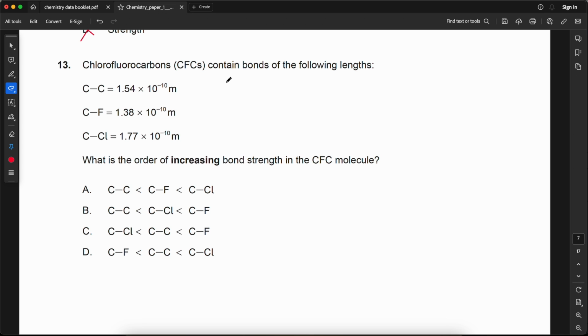So if we make it into order, it would be C-Cl, C-C, and then C-F, shortest, and of course it will be a lot stronger. So the answer will be C. So increasing, C-F is stronger compared to C-Cl and C-C.